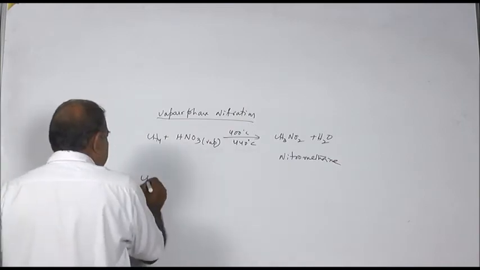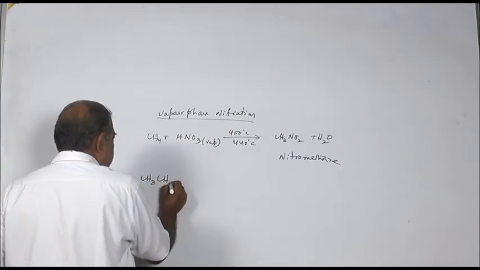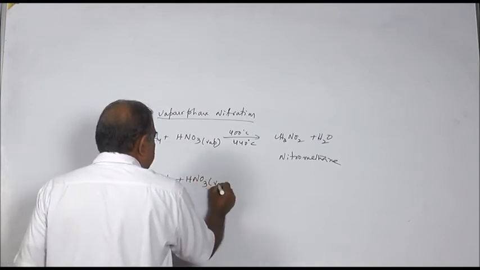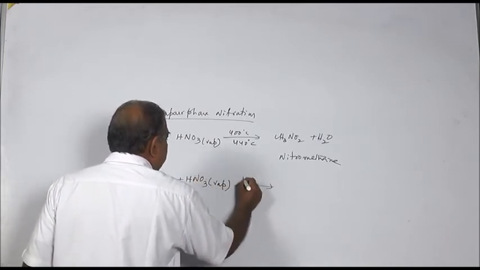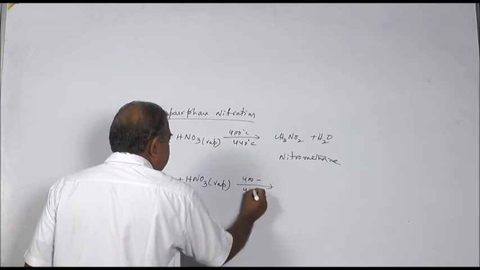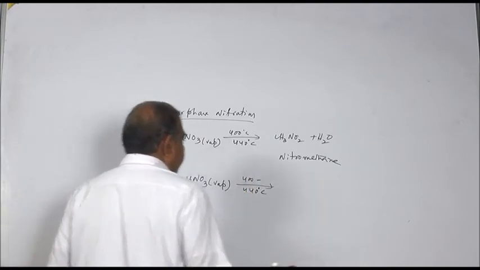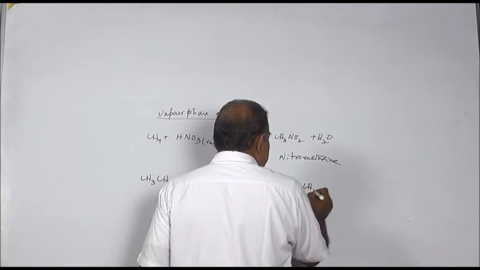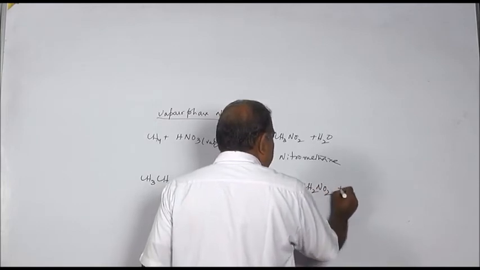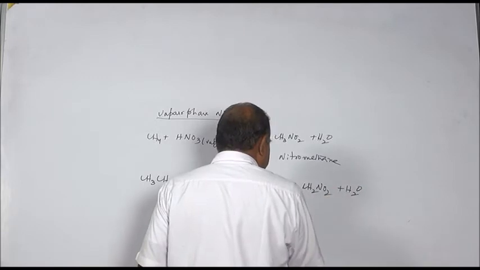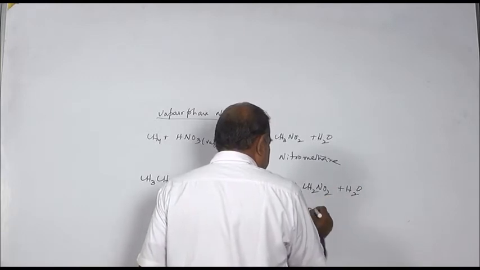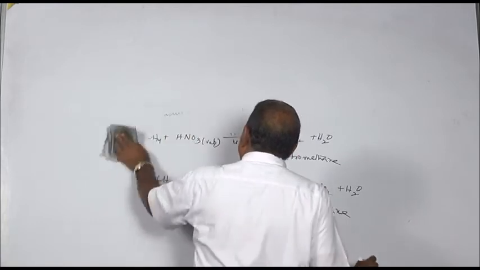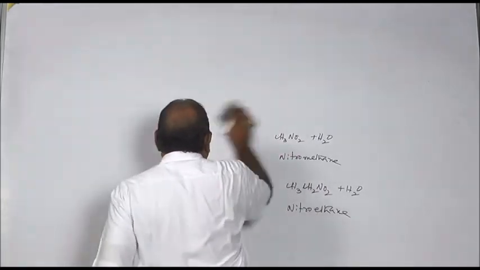Similarly, if you are taking ethane with nitric acid vapor at the same 400 to 440 degrees centigrade, you are getting nitroethane plus water. Nitroethane.